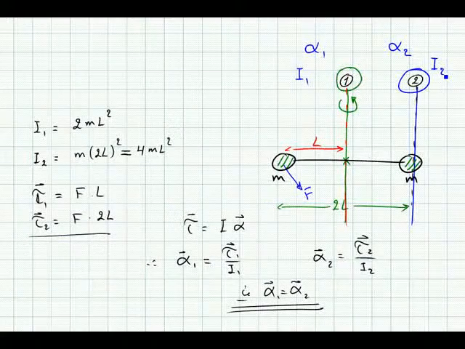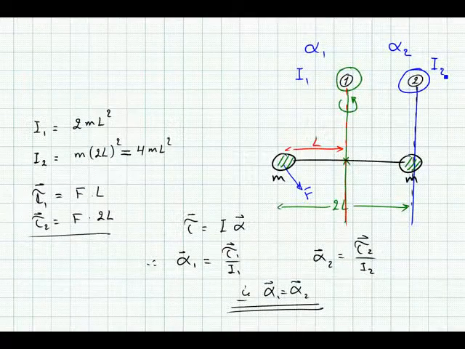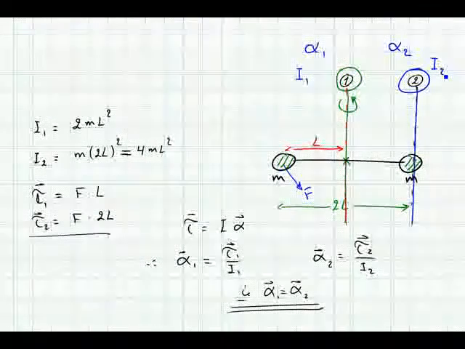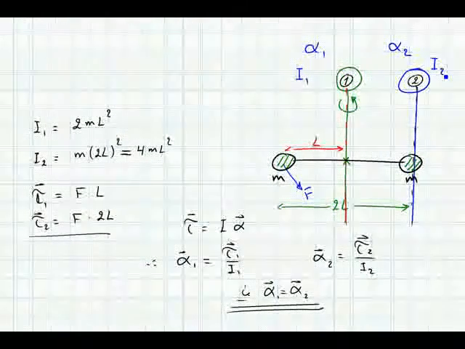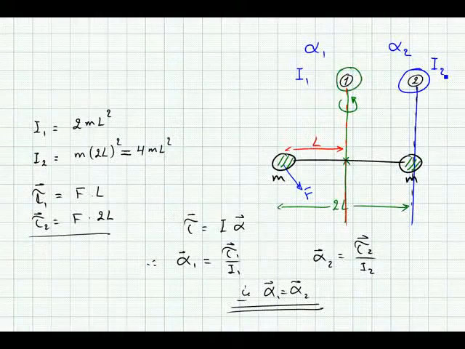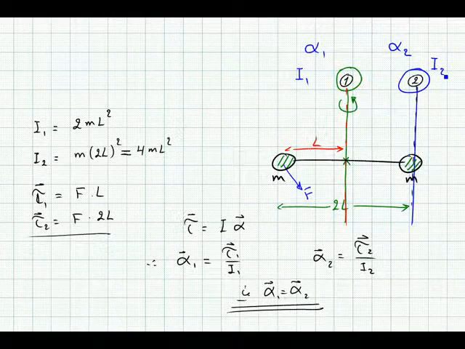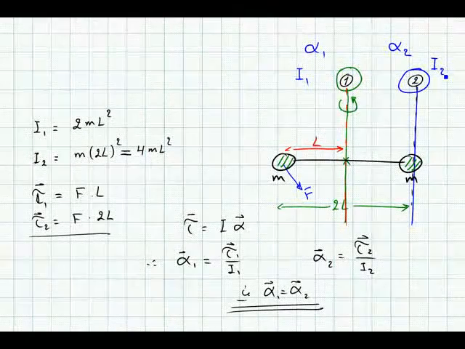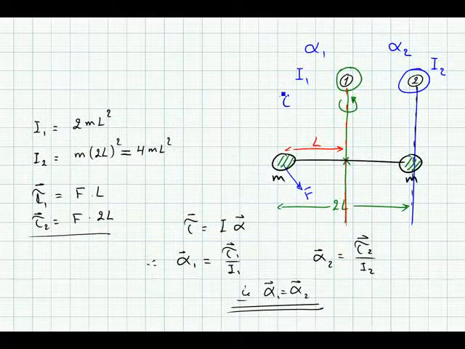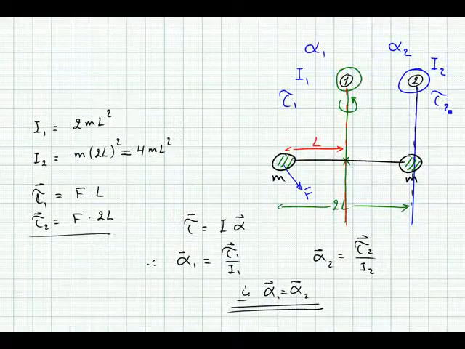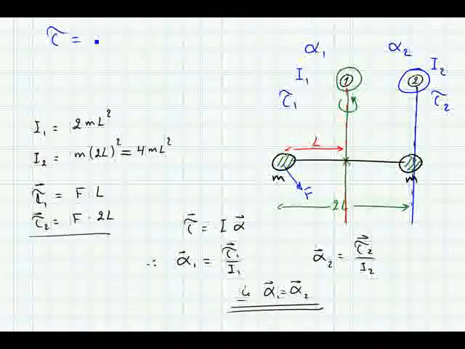Remember, we're talking about the same extended object, but since the rotation axes are different, we may have two different expressions and two different values for moment of inertia. So you cannot assume that moment of inertia remains the same. And for each case, we also need to calculate torque 1, scenario 1, and torque 2. Now we know that torque is torque 1.